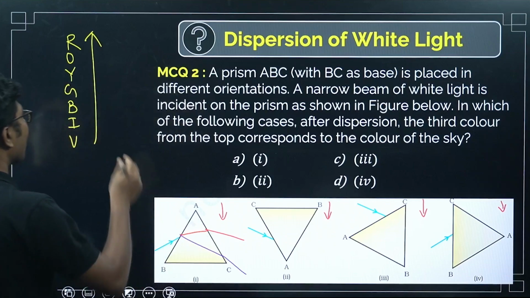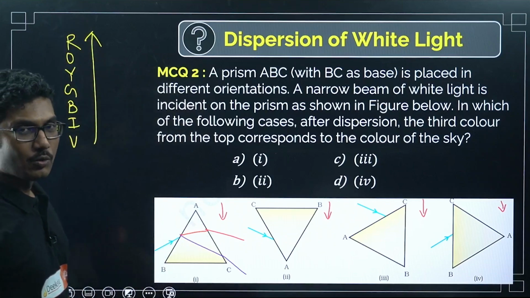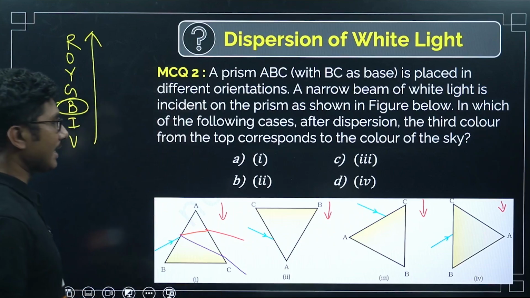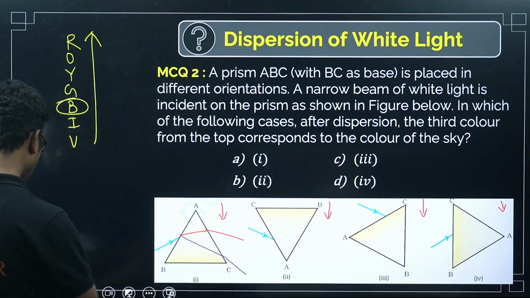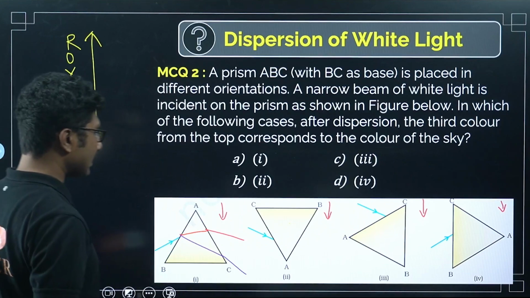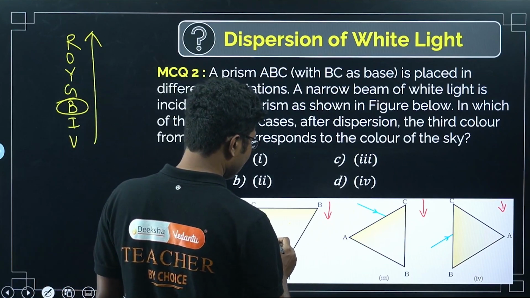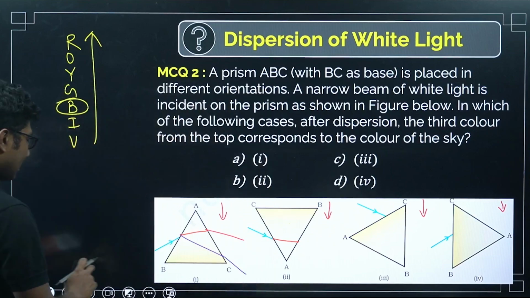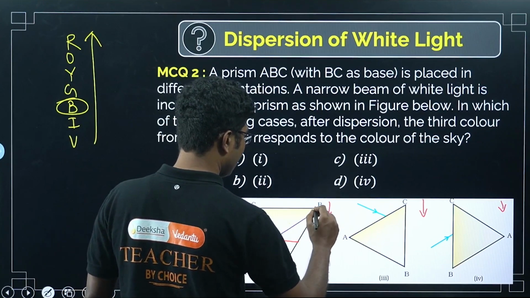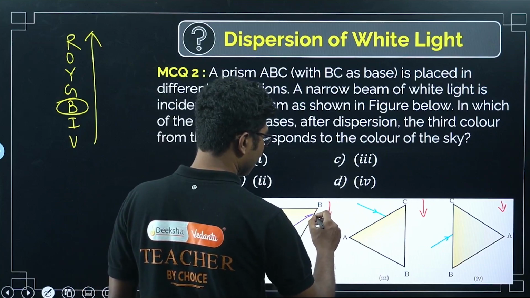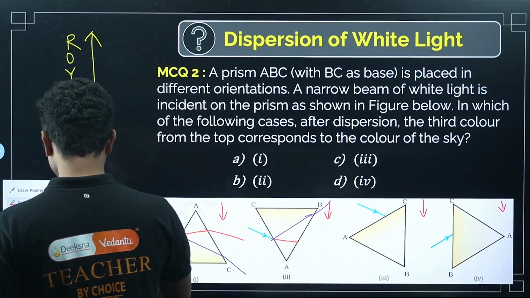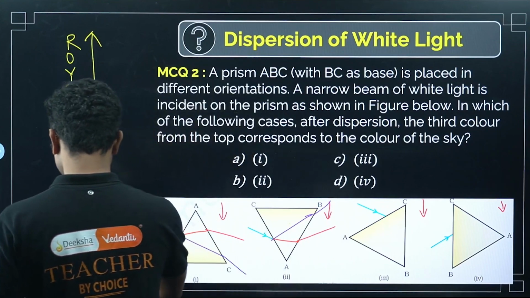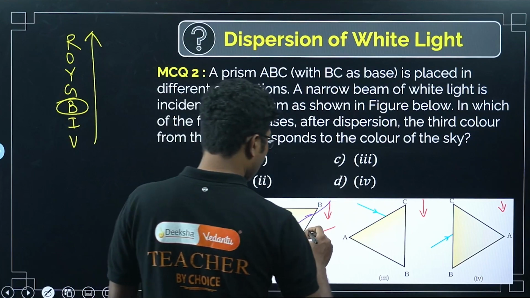So if you are observing from the top and you want to observe blue color, that is the third color and the color of the sky, then you have to orient your prism like this. If you orient your prism like this, red color will deviate the least and violet color will deviate the most. After the light comes out, the blue color should be the third color.